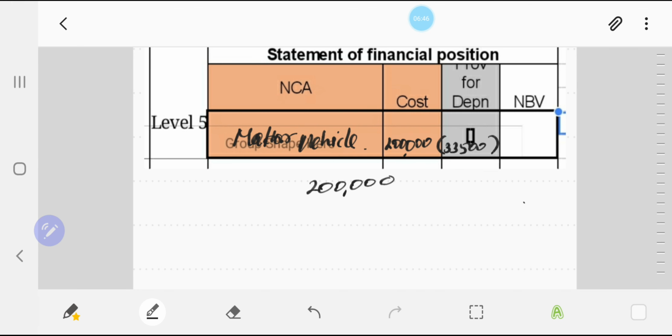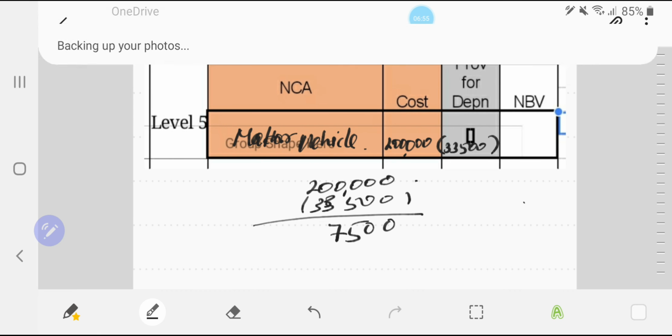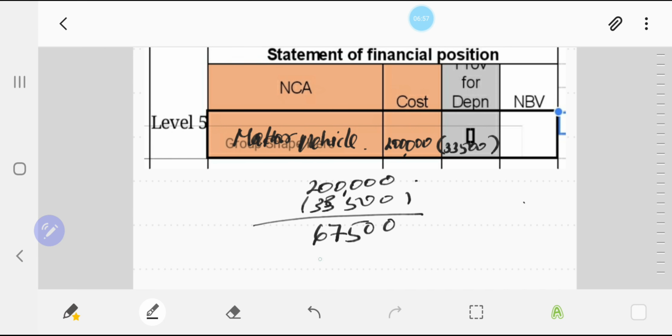Therefore 200,000 take away 33,500. So 166,500.